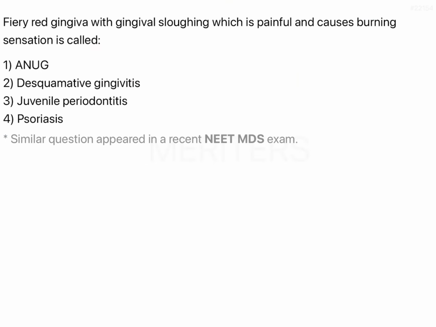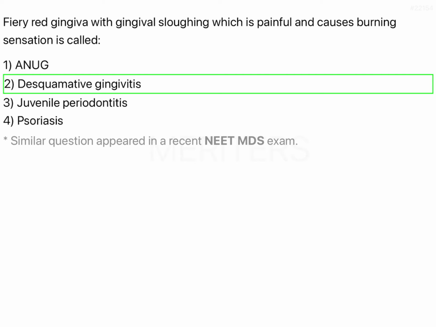So what does this indicate? That the gingival epithelium has been completely eroded, and only the connective tissue is now visible to your oral cavity. So this is a condition called desquamative gingivitis. As you can understand from the name, desquamative means there is removal of the squamous cells which form the epithelial lining of the gingiva.